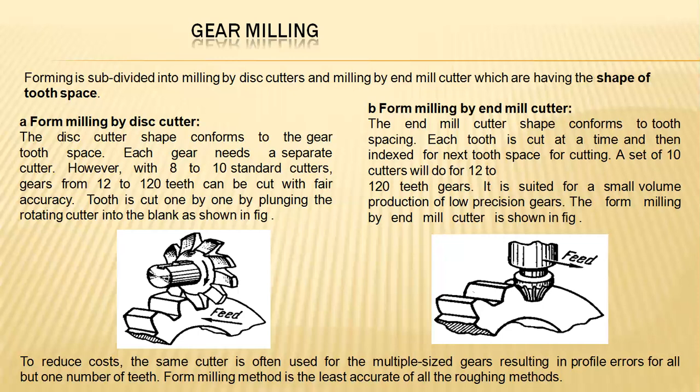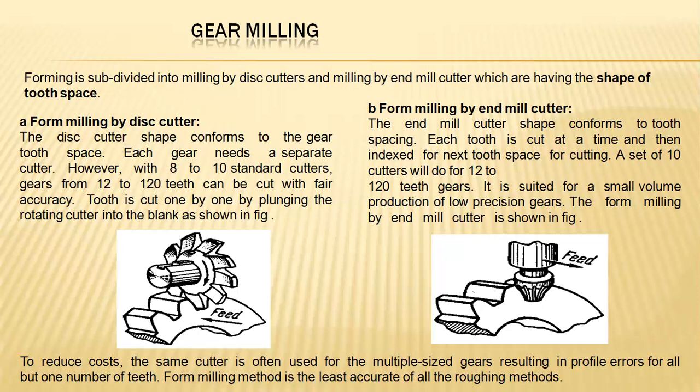Here, the tooth is shaped by the cutting process one at a time by plunging the rotating cutter into the blank, and we'll achieve the required number of teeth throughout its circumference.